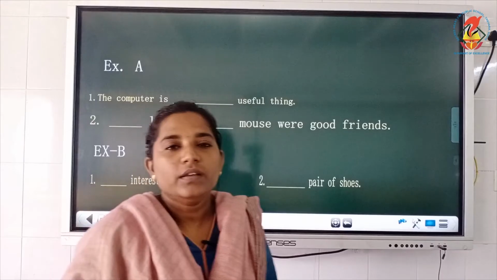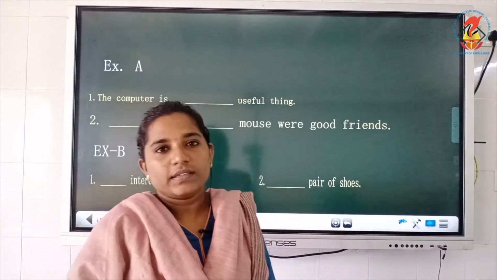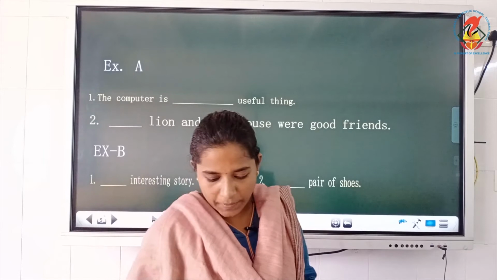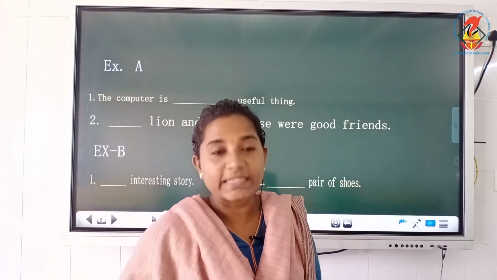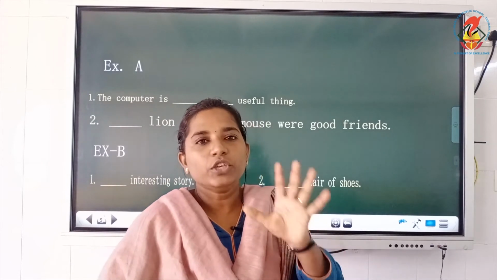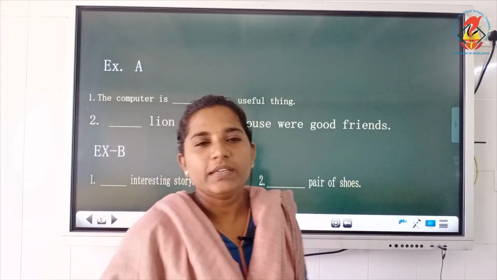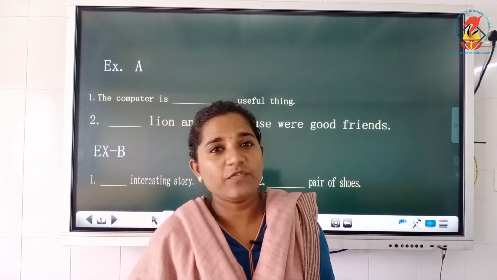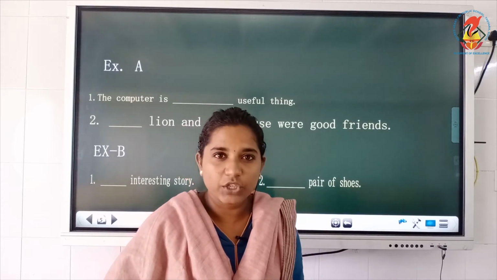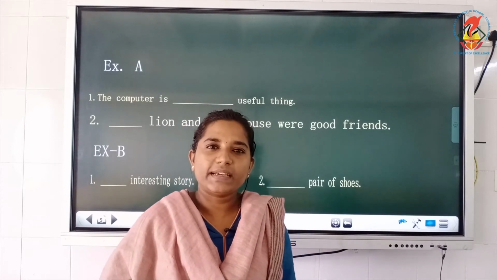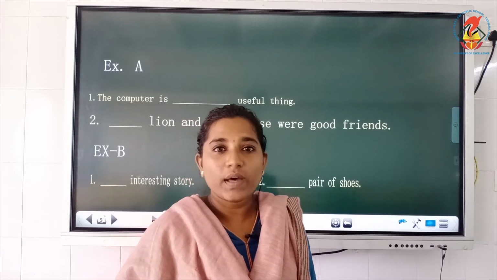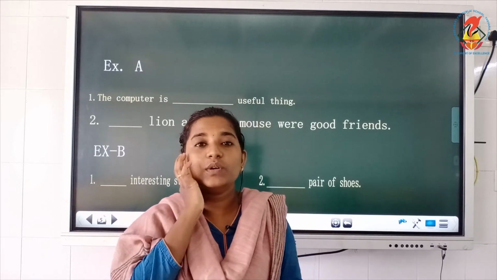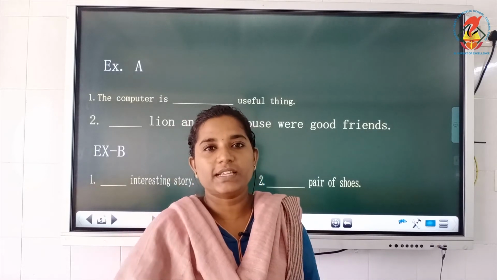Now, in the textbook, page number 40, there is a box. In that, utensil is explained. Since the word utensil begins with the letter U, it cannot be taken as a vowel sound. U is considered a consonant sound.